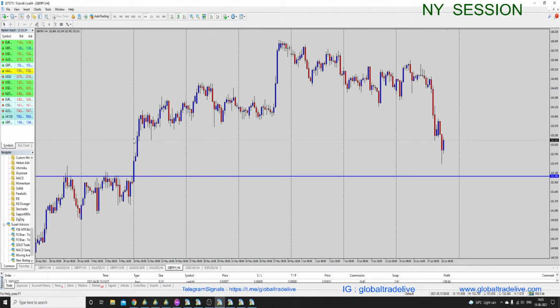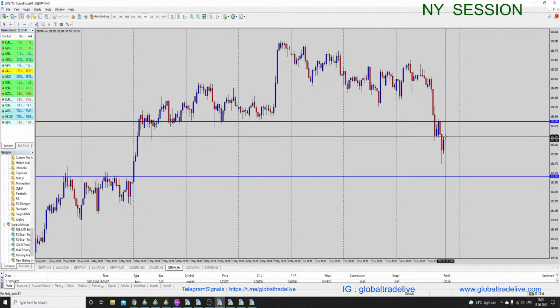So we have this clean range to the left here, then this is 4-hour GBPJPY. If I just put some areas over here, then we will be getting some clarity. This is something I'm looking for here, and right now let's draw another one at this point.